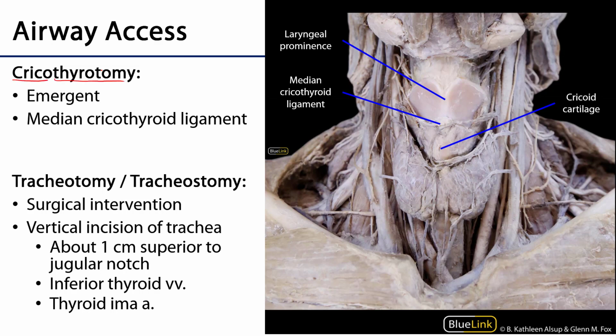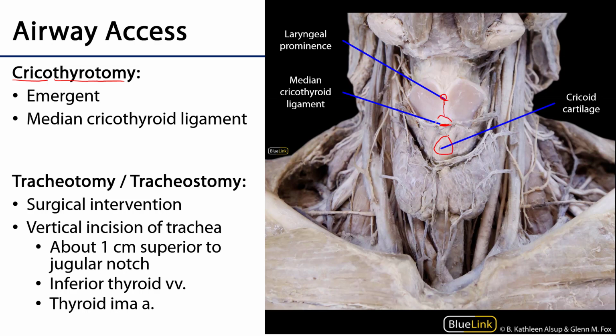The cricothyrotomy is when the skin, the subcutaneous tissue, and the median cricothyroid ligament are incised. In order to find this, one would palpate for the laryngeal prominence, and then they would move their finger inferior to that, and you can feel a little bit of a divot before again feeling the cricoid cartilage.